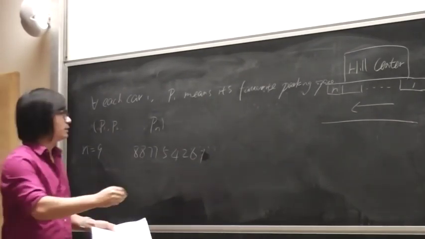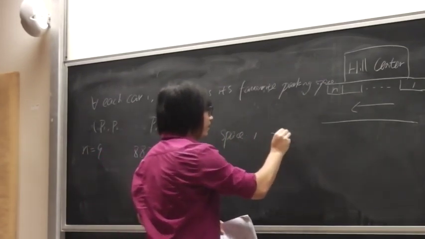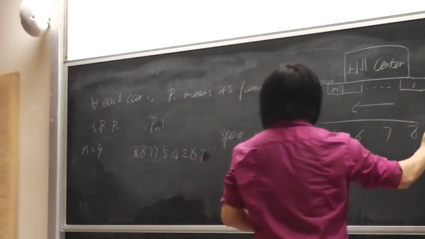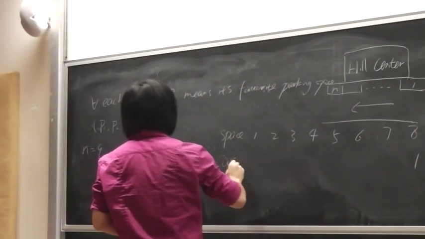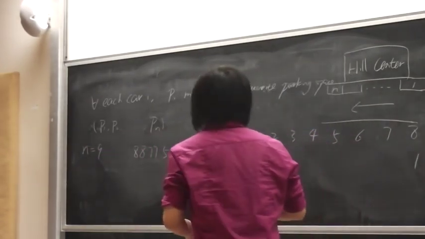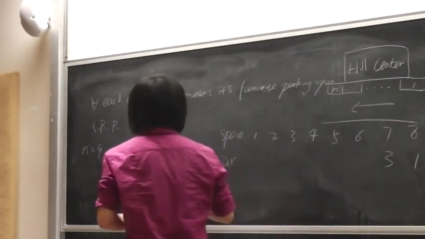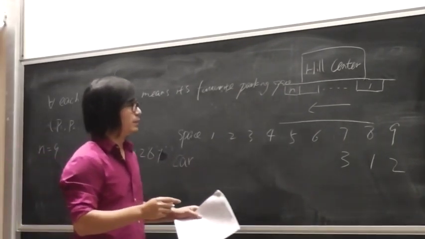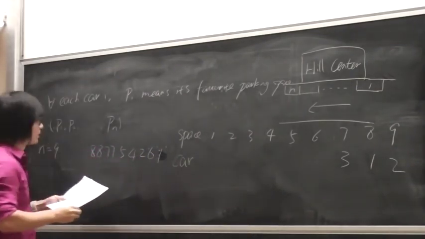In this case, the first car will park at 8. The second car also prefers 8, but it's occupied, so it will park at 9. And the third car will park at 7. But when the fourth car goes to 7, it's occupied, and there's no available parking space after 7. So this is not a parking function.